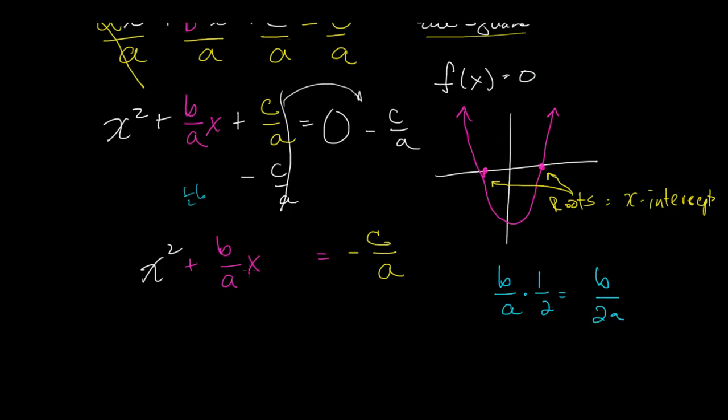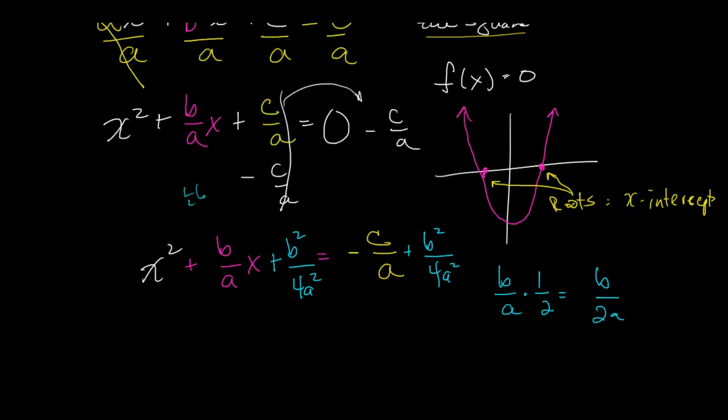And I'll need to square that in order to add it to both sides. So that'll be plus b squared over, 2 squared is 4, a squared is a squared, so 4a squared. So that'll be plus b squared over 4a squared.